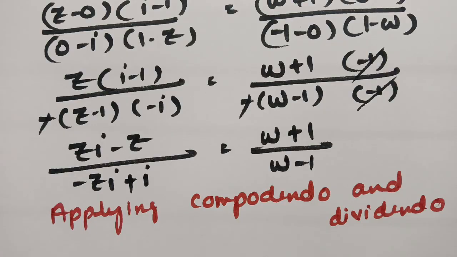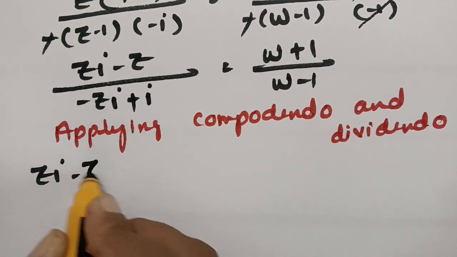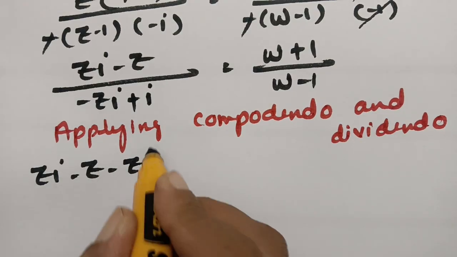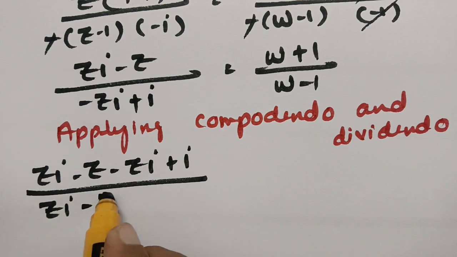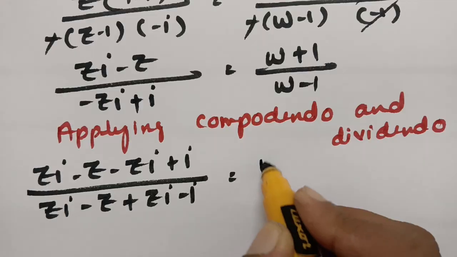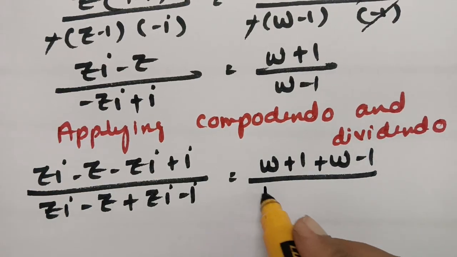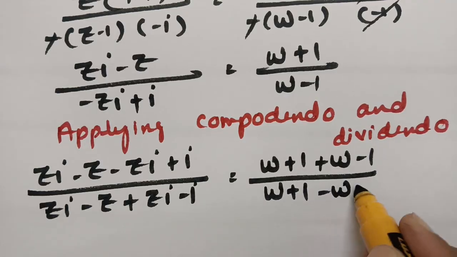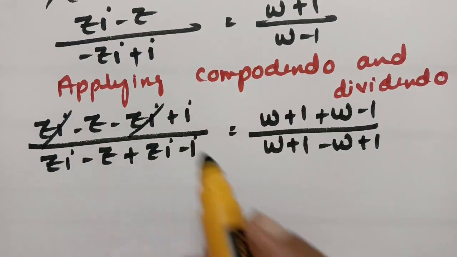After applying componendo and dividendo method, this is going to become, this is zi minus z. So this is minus zi plus i divided by, this value is zi minus z plus zi minus i, which is equal to, this is w plus 1 plus w minus 1, and this is w plus 1, this is minus w plus 1. So here if you observe, we can cancel these two.